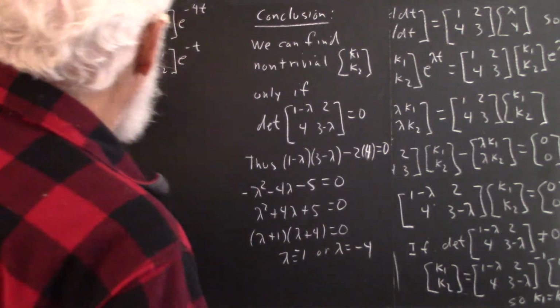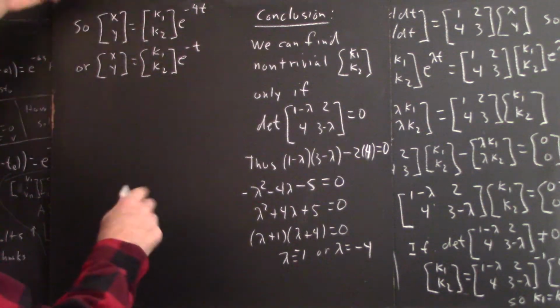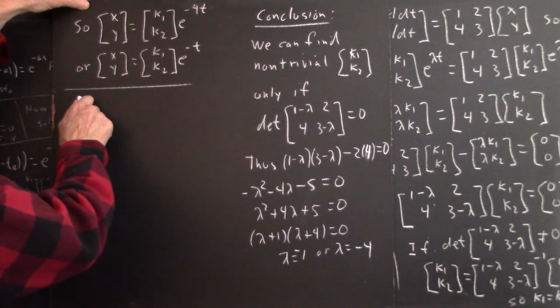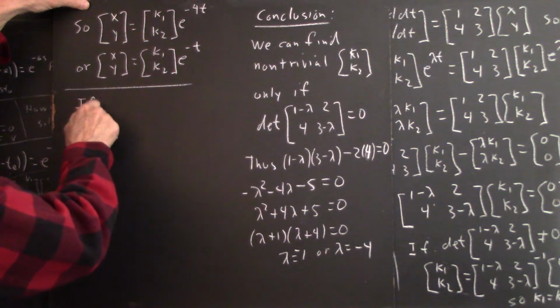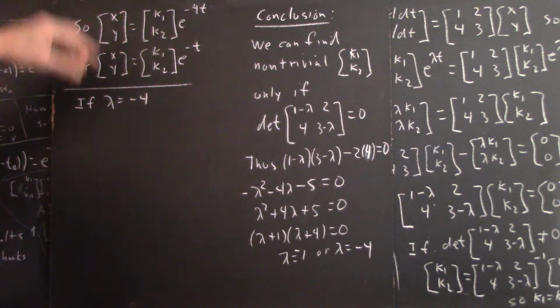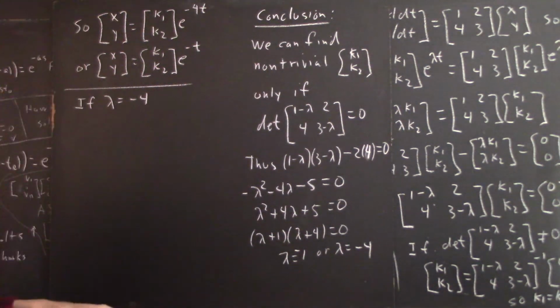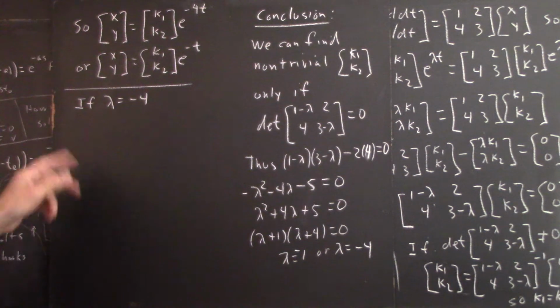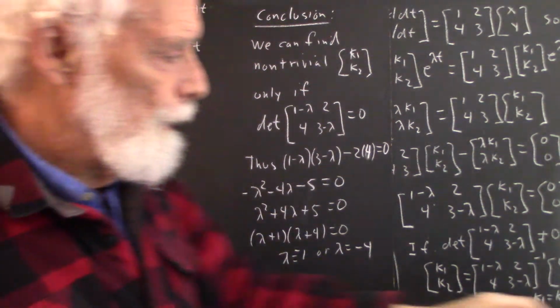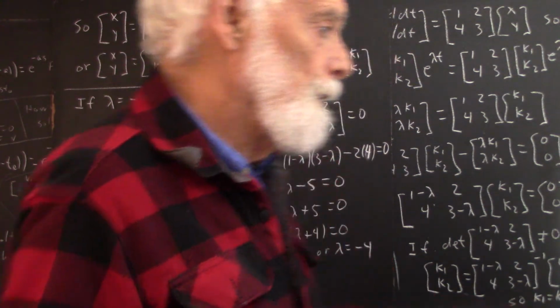So, how do we find K1 and K2? We know that if lambda equals negative 4, make sure we're still on the screen, and let me switch over here where I can actually see what's going on.